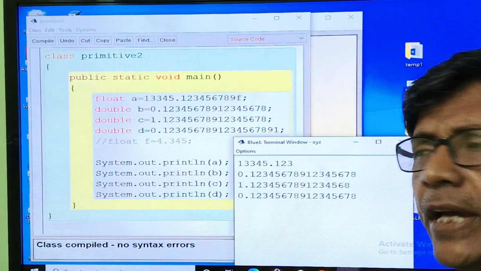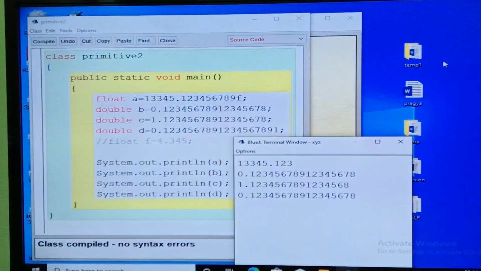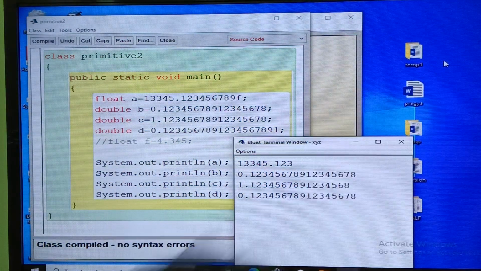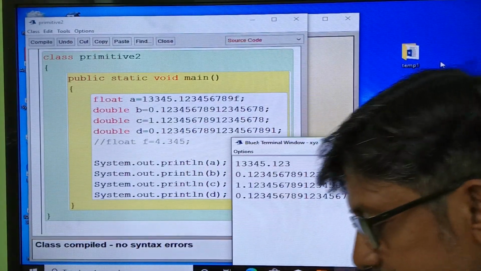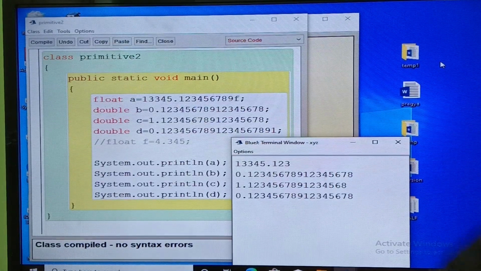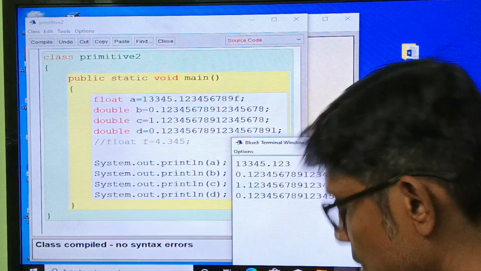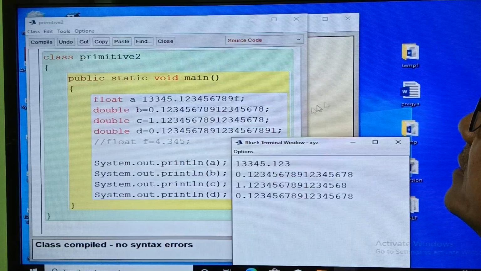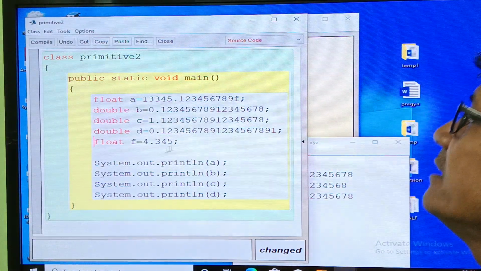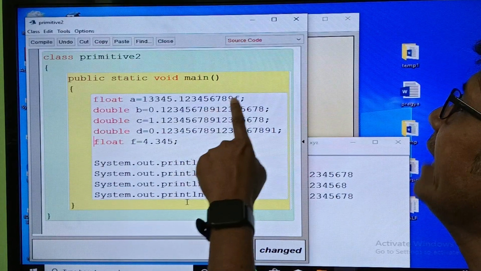Okay, now one more thing, I will explain this one. Let me explain that. If you write this, let me check. You see this float, if you do not write F here, what will happen? I have written F here.